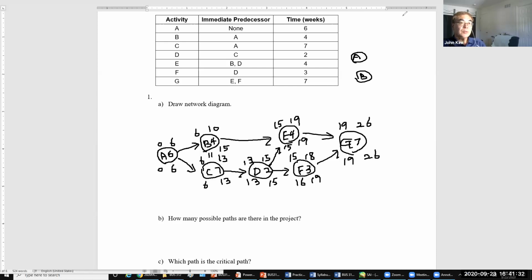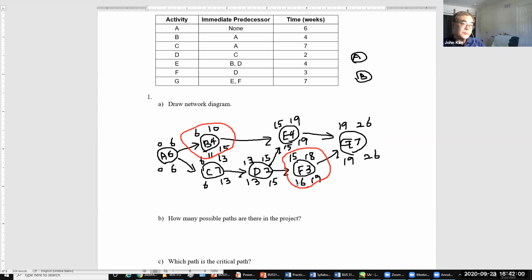So we can see activity B looks like as a select. This one also as select.